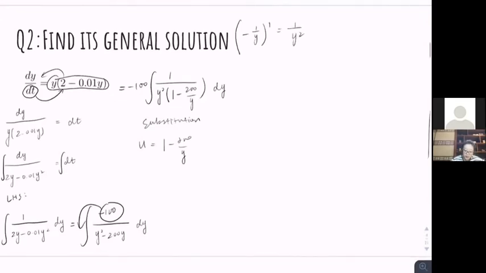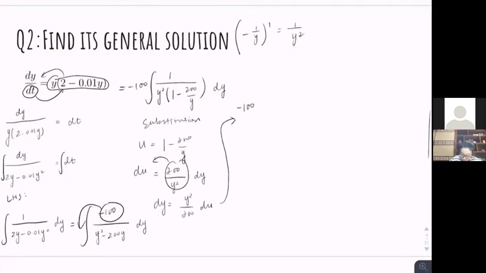So in this case, du is actually 200 over y squared dy. Then I put this thing to the left, I will get dy equals y squared over 200 times du.